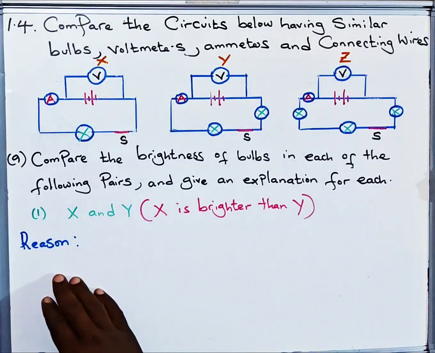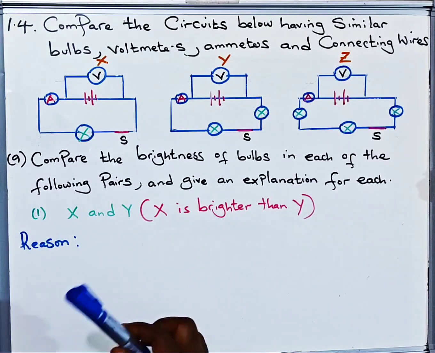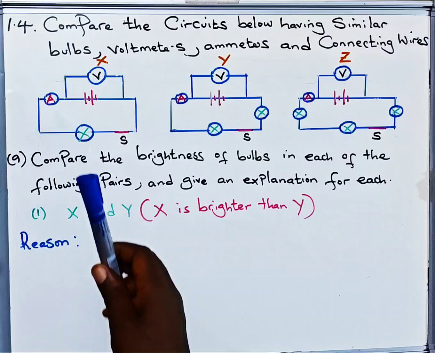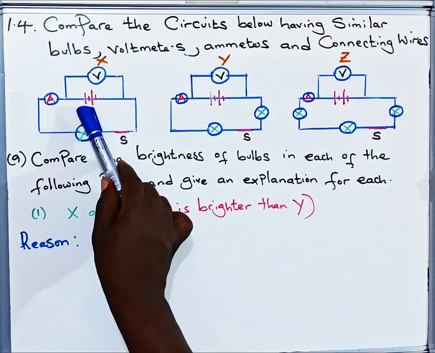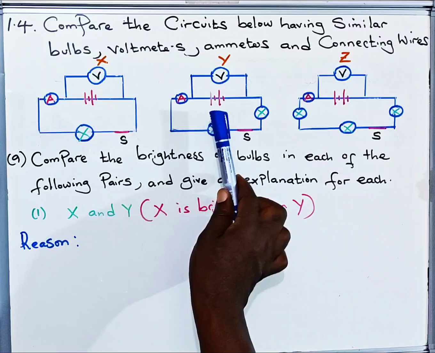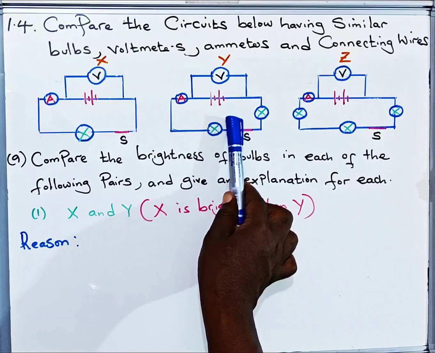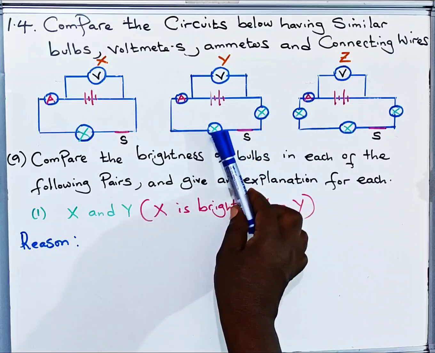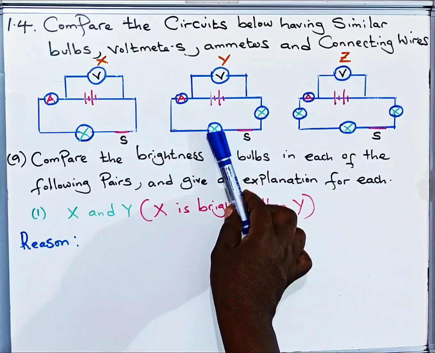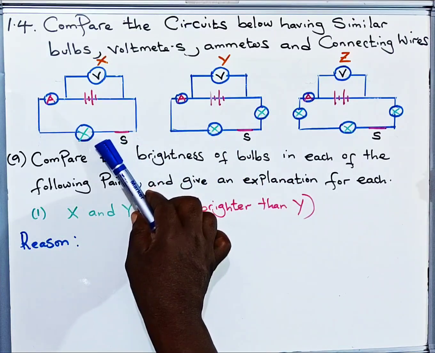And what's the reason? Let us analyze the two circuits. The two circuits have the same number of cells. This one has two cells, and also this one has two cells. But this one has two bulbs, while this one has one.